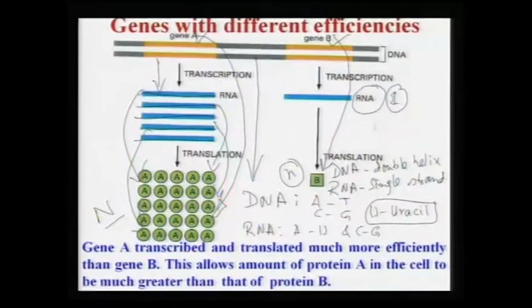So, here you can see from gene A, the RNAs are formed by transcription. From translation of RNA to protein molecules, it forms a huge number of A protein molecules, but for gene B only a few B protein molecules are formed. So, what does it mean? That means gene A is highly efficient compared to gene B, or in other words gene A can be expressed more than gene B.